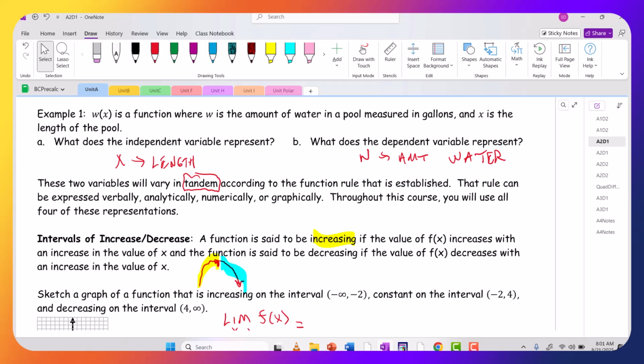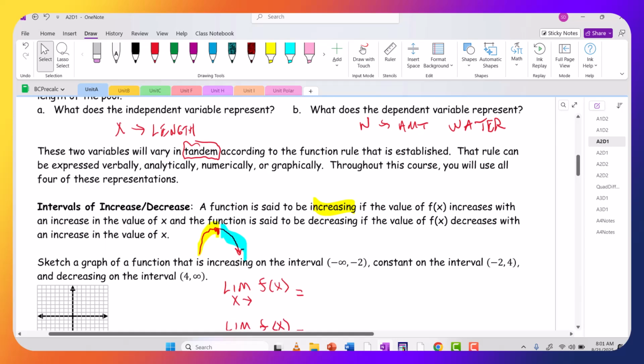So if I get a longer pool, there is more water in the pool. So the amount of water in the pool depends upon the length of it, and actually the width. But let's say the width is static, so the width doesn't change. I think that was true. I could have had a 10 by 30 or a 10 by 20. Maybe. I may be wrong on that, but nobody cares.